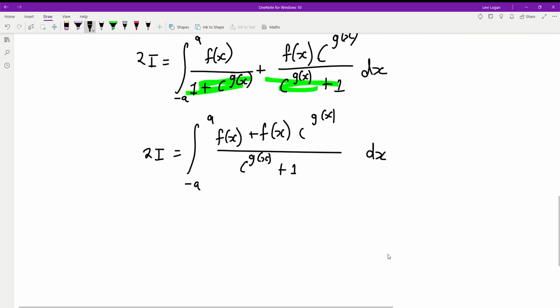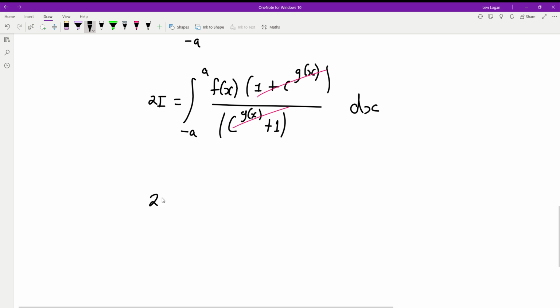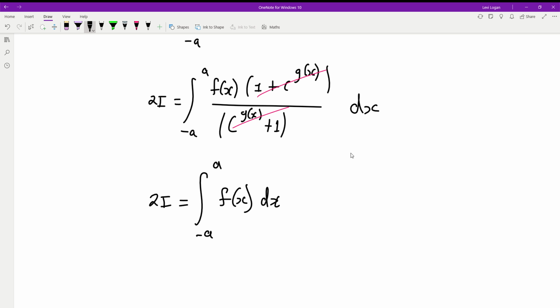Now, I can factor out f of x on the top, so 2I is equal to the integral from negative a to a of f of x times 1 plus c to the g of x over c to the g of x plus 1 dx. You can see that cancels with that, and 2I is just the integral from negative a to a of f of x dx.